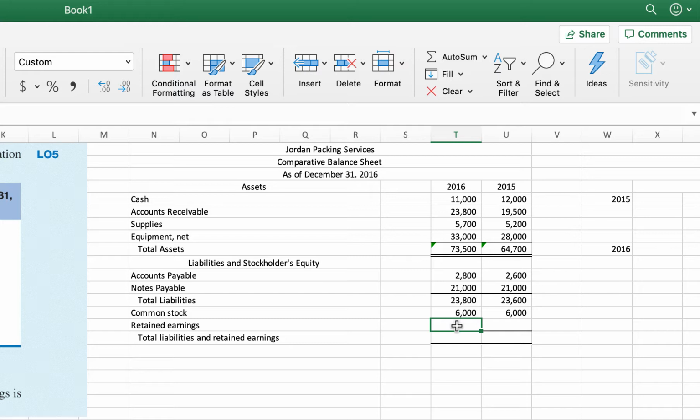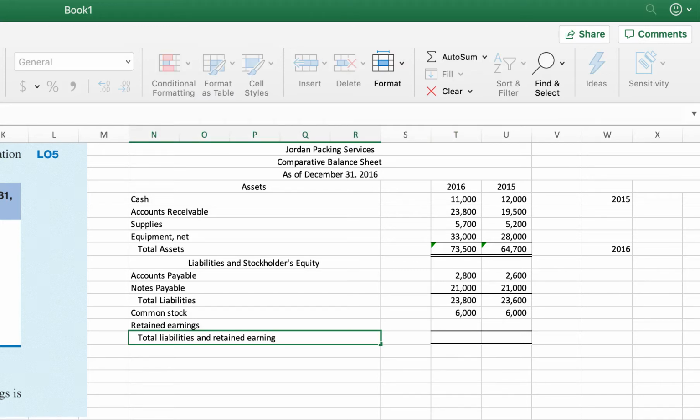Very simple. I know that 23,000 plus 6,000 plus X needs to equal $73,500. I know this has to be $73,500, total liabilities and stockholders' equity, right? Has to be. I just realized that should be stockholders' equity, not retained earnings. I apologize.